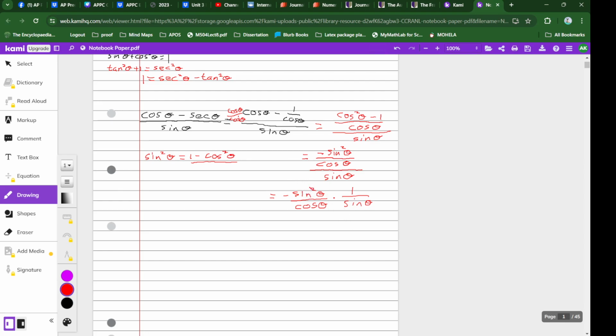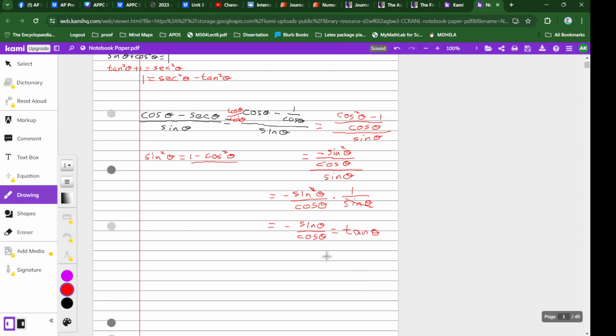Notice that this is going to cancel out one of my sines, leaving me with negative sine theta over cosine theta, which means that cosine theta minus secant theta over sine theta is actually just the tangent of theta.